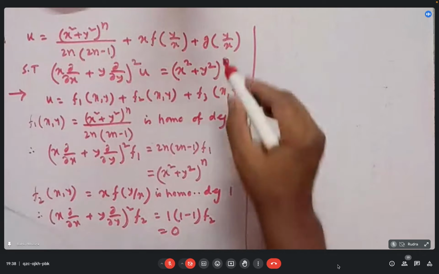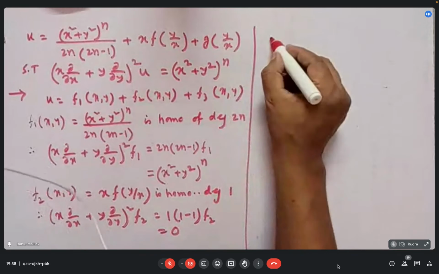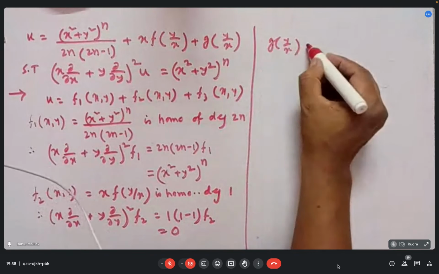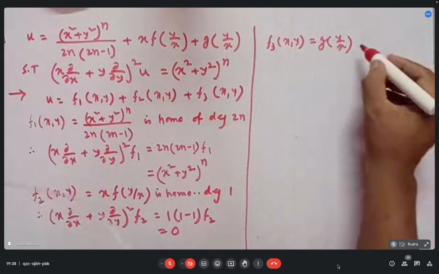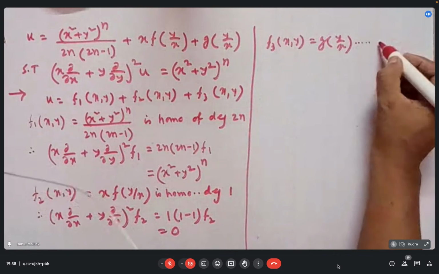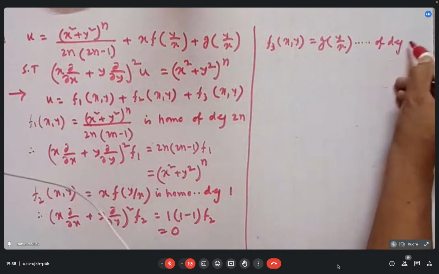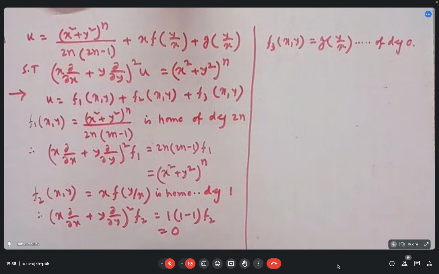And next is g of y by x, is f3 x comma y. f3 x comma y is equal to g of y by x, a homogeneous function of degree 0.